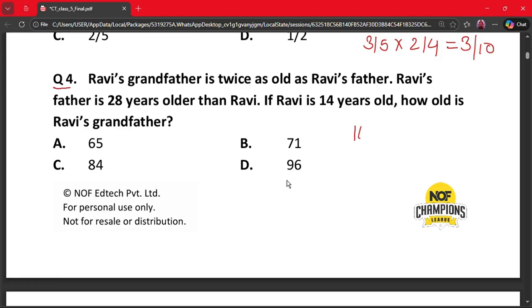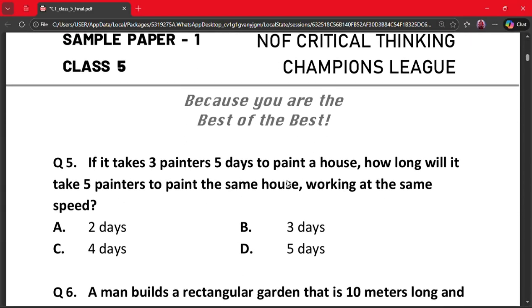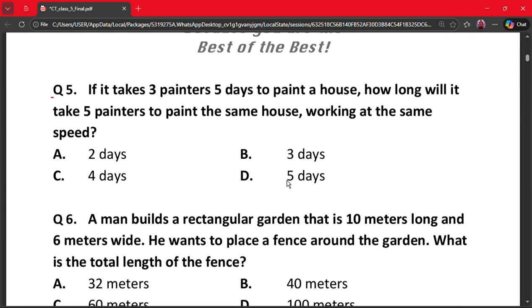That means 14 plus 28, which gives us 42. And grandfather is twice father's age. That means 42 into 2. That gives us 84. So the grandfather's age is 84. That is option C. Our next question is question number 5.